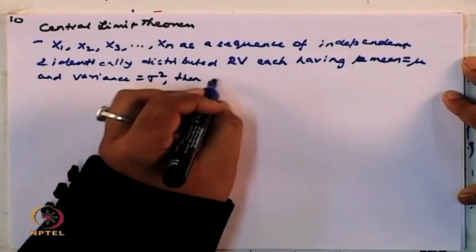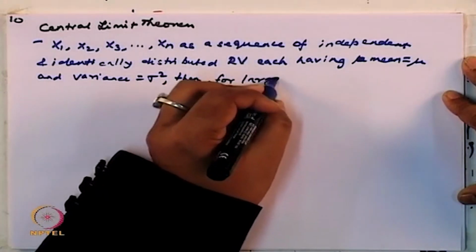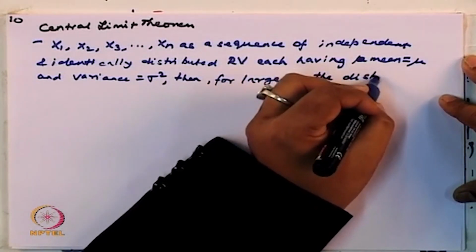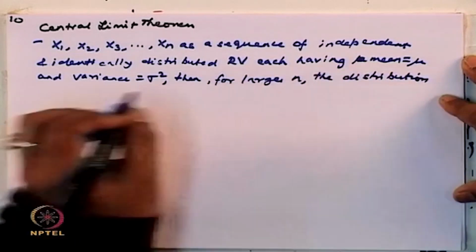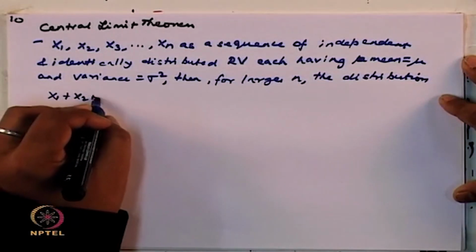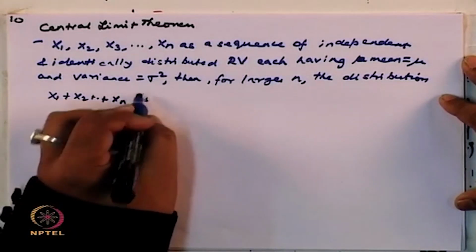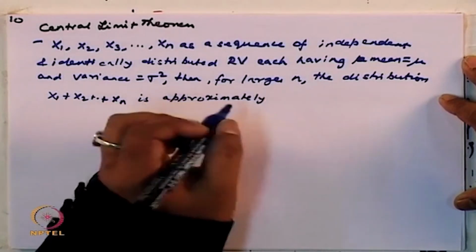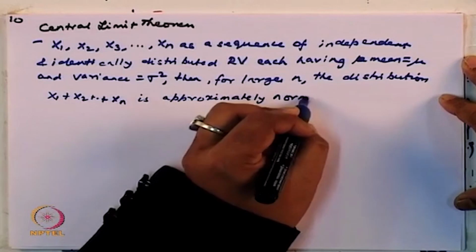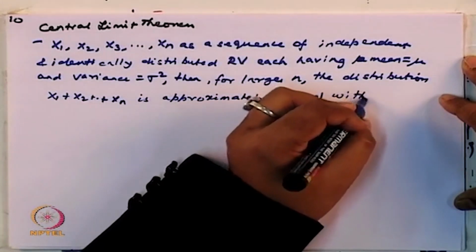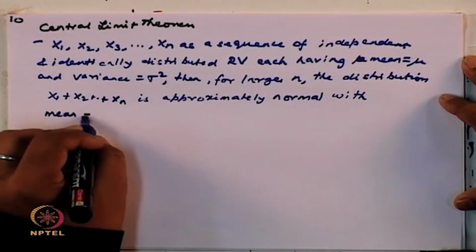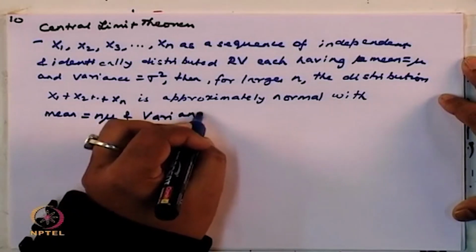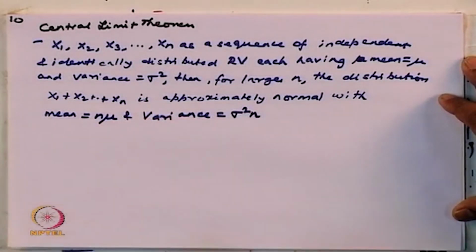then for large n, the distribution of x1 plus x2 plus dot dot xn is approximately normal, with mean of n times mu and variance sigma square n.